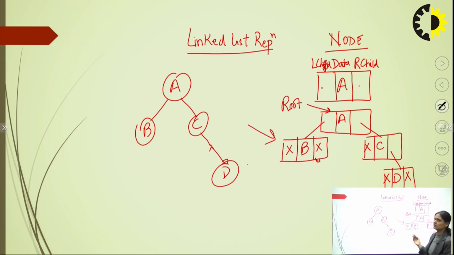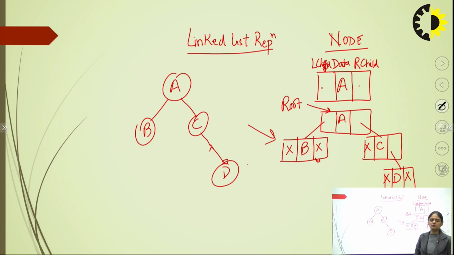In case of linked list, it is space efficient because no extra space is occupied. As we have only 4 nodes, we occupy only 4 nodes, and we store the data like this.